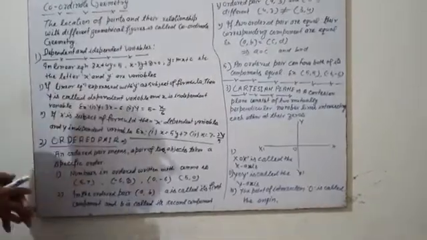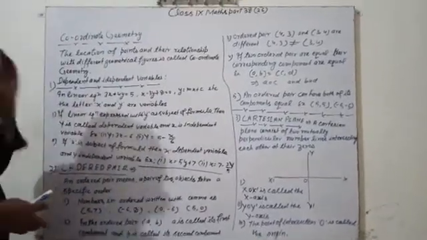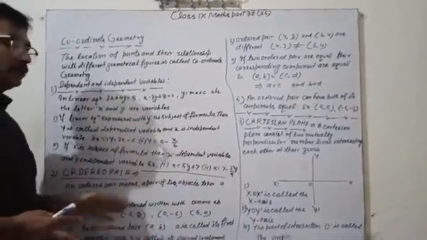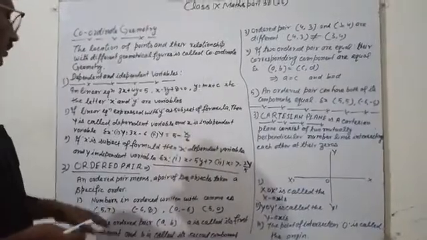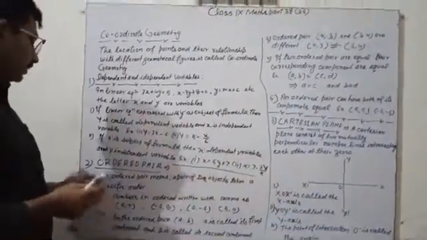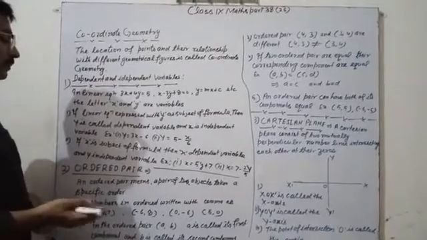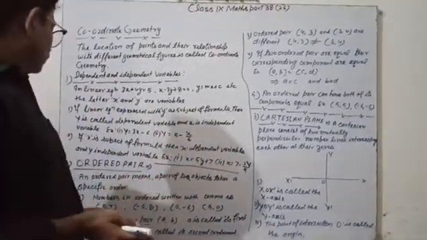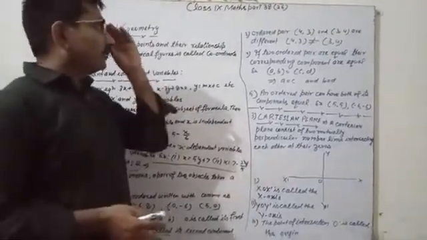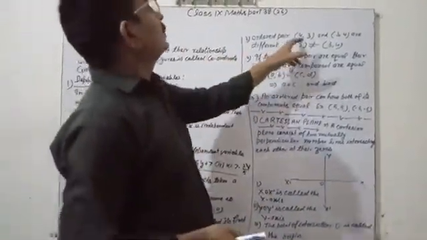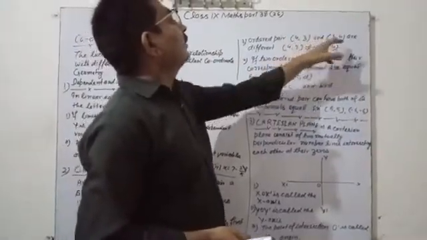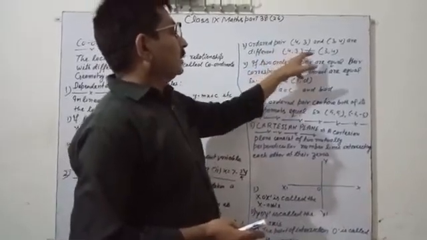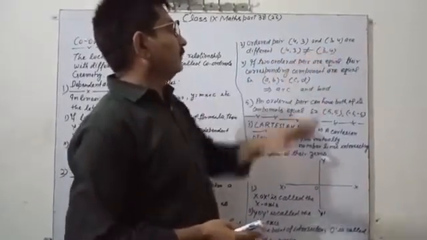For another example, (0, minus 6): 0 is the first component and minus 6 is the second component. Ordered pairs (4, 3) and (3, 4) are different, meaning (4, 3) is not equal to (3, 4).